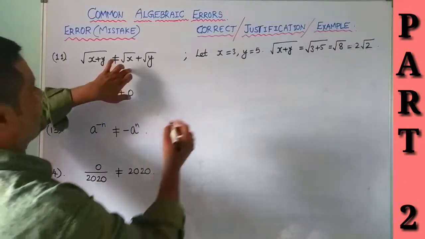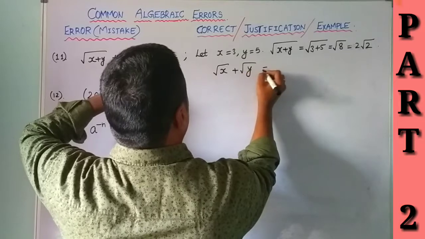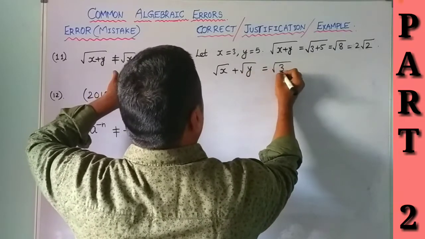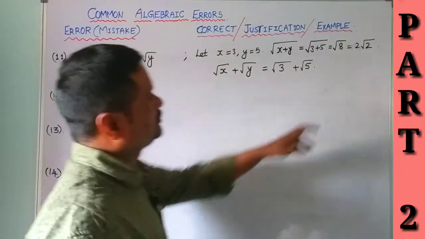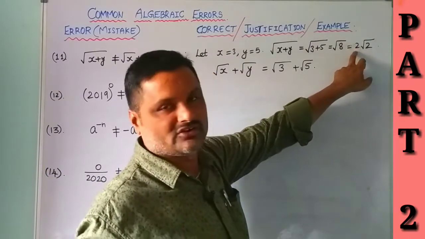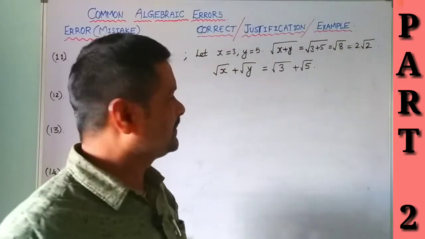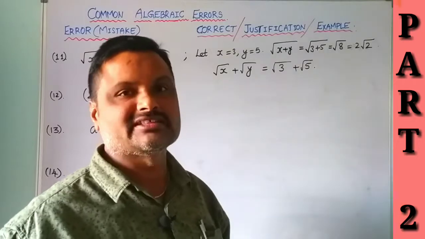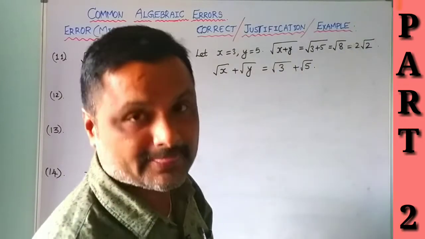Now consider RHS: root x plus root y. So root x is root 3 and root y is root 5. Root 2 value is 1.414, so 2 root 2 gives some value. Root 3 is 1.732 and root 5 is 2.236. If you add, you are not going to get this one.